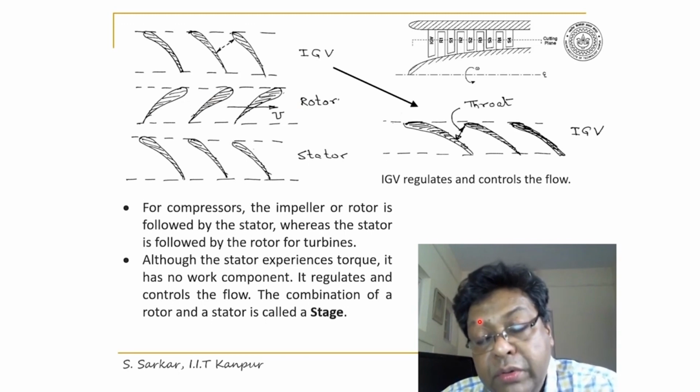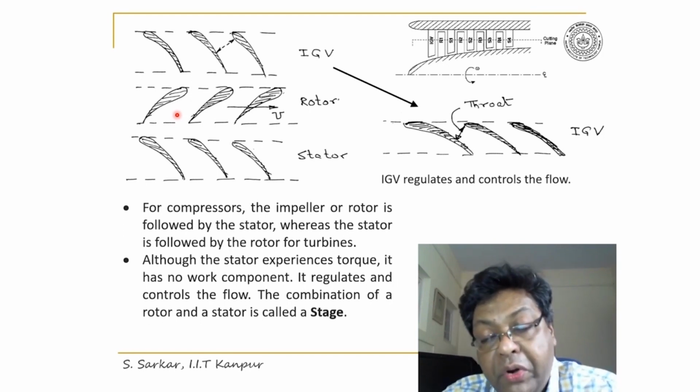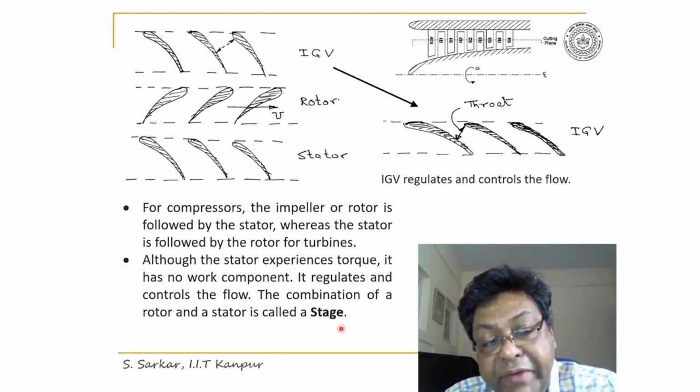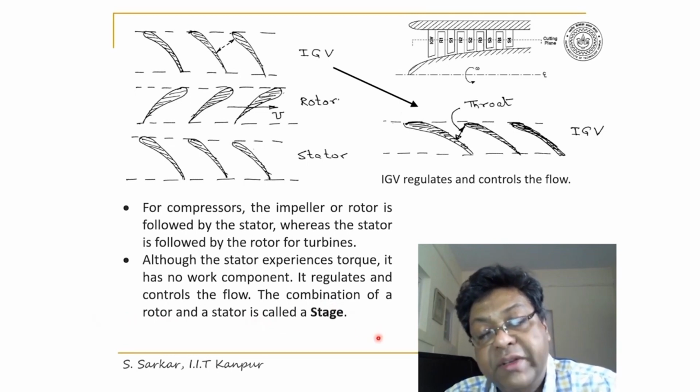By the combination of stator and rotor we guide the flow properly to pass through the rotor, and the combination of stator and rotor is called a stage. I have written here that the combination of rotor and stator is called a stage.